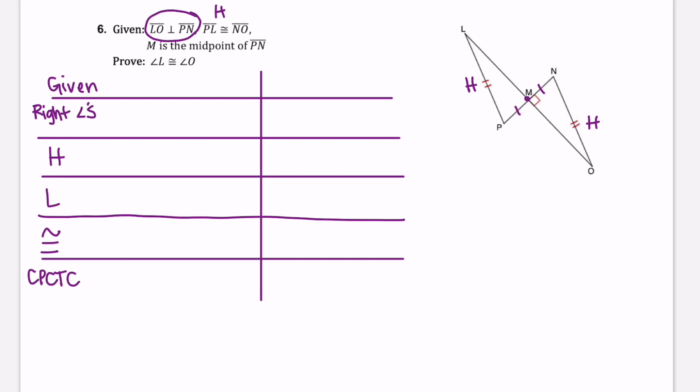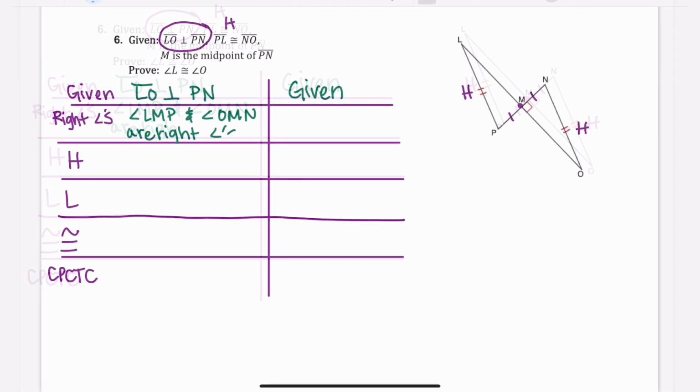Then we're going to go ahead and write out the actual information. I'm going to start with LO is perpendicular to PN. That is given. But we can show that angle LMP and angle OMN are right angles.